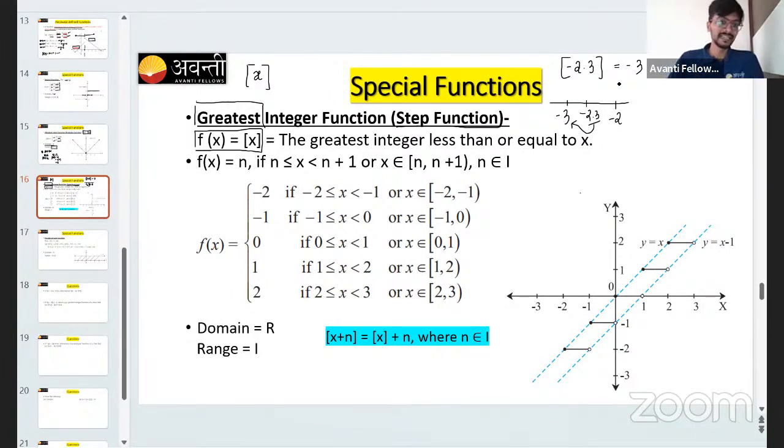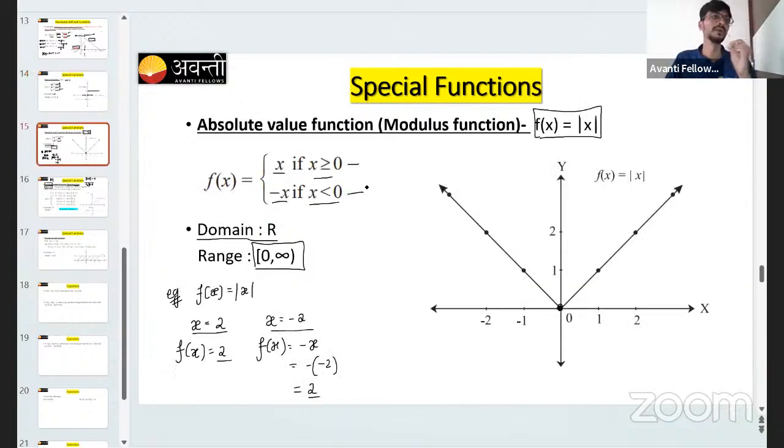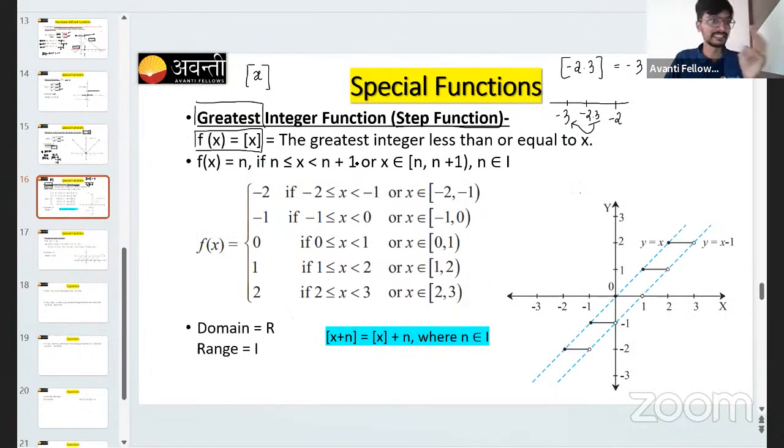In the technical definition, the greatest integer is split into infinite parts. We saw how many parts the signum function was divided into: 3, 1, 2 and 3. And the modulus function had 2 parts. Similarly, the greatest integer is divided into infinite parts.